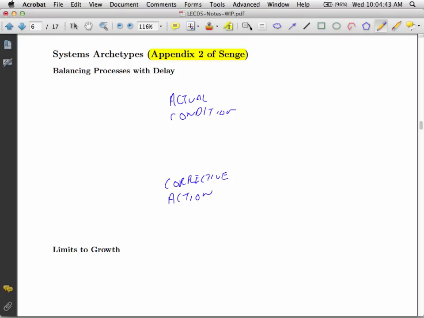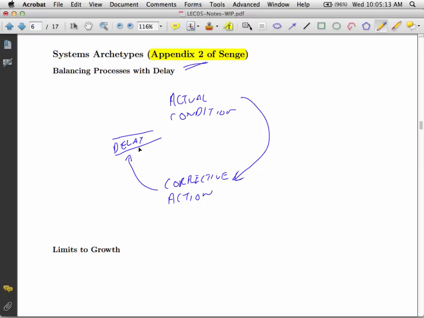And again, if you look at appendix number 2 of the Senge book, you'll see a nice diagram and much more legible text and so on. So you have an actual condition and you take some corrective action. What often happens though is you have a delay. So you take a corrective action and there's a delay and the actual condition still persists.